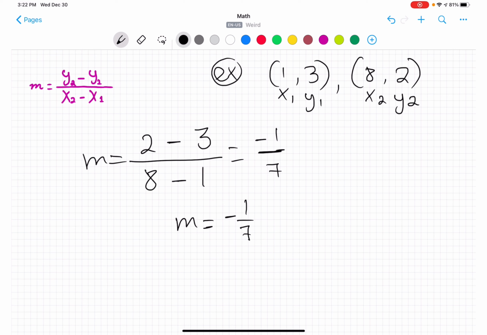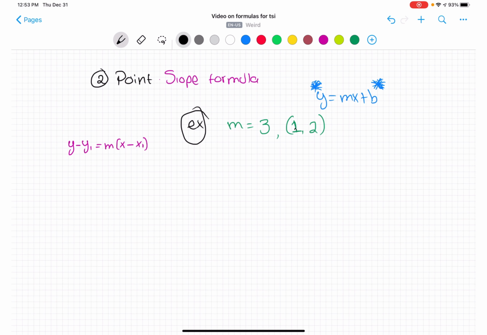So if you see this type of question and they're giving you 2 points, you're just going to use this formula. So this is the second formula that you will need. This is the point-slope formula, and it is this one right here.